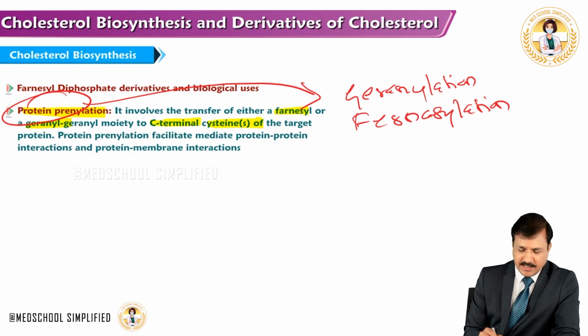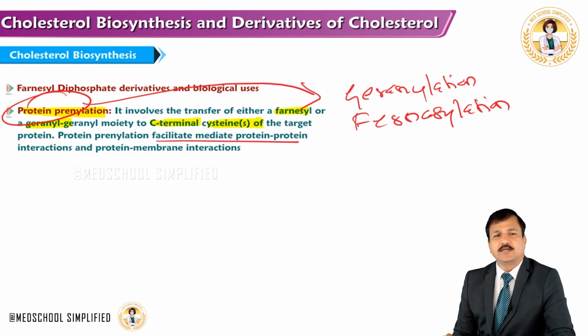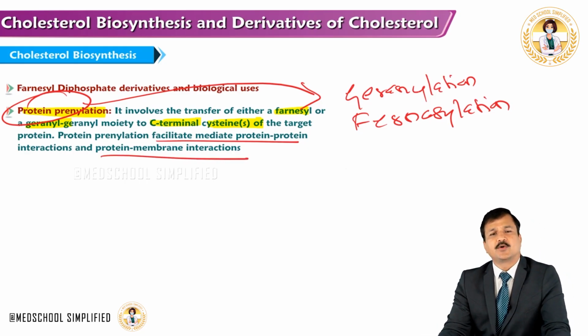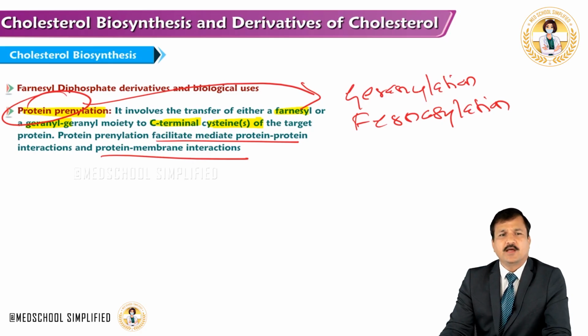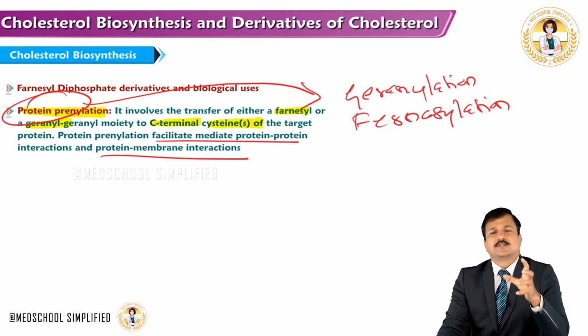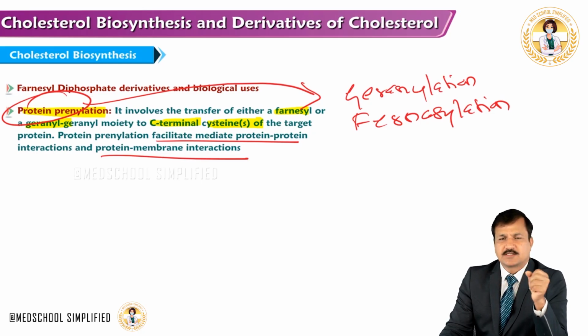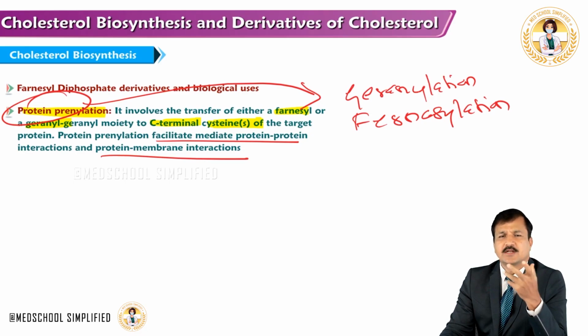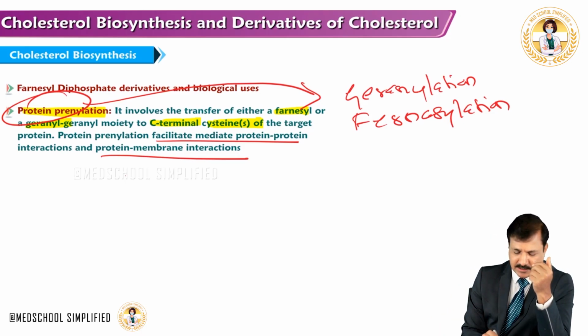Protein prenylation facilitates protein-protein interactions, and also protein-membrane interaction, where the geranyl moiety or the farnesyl moiety helps in the anchoring of certain proteins over the cell membrane. So protein-protein interaction and protein-membrane interaction need this protein prenylation, and examples are RAS and RAB proteins.